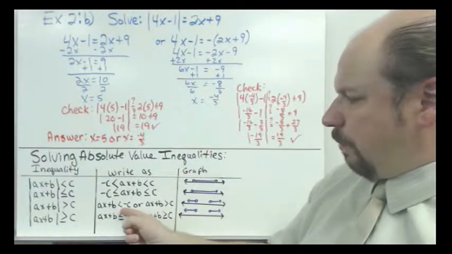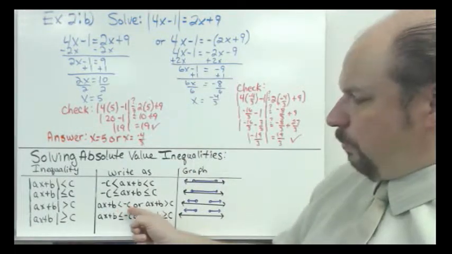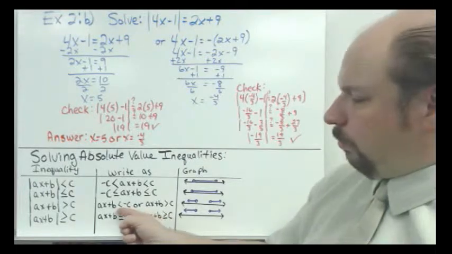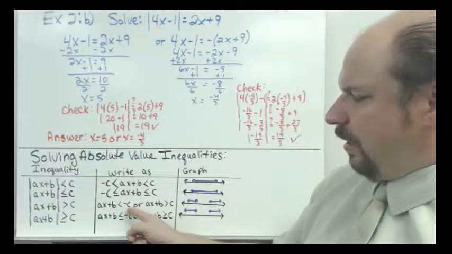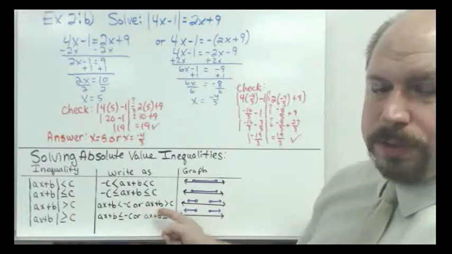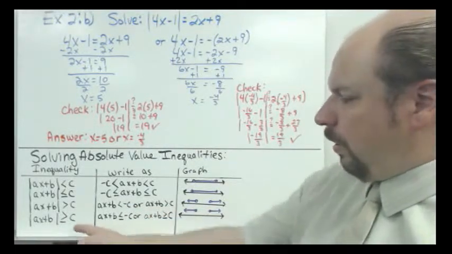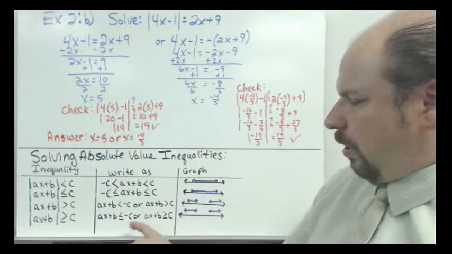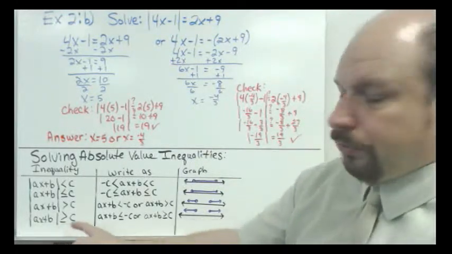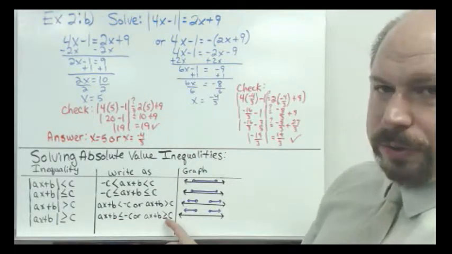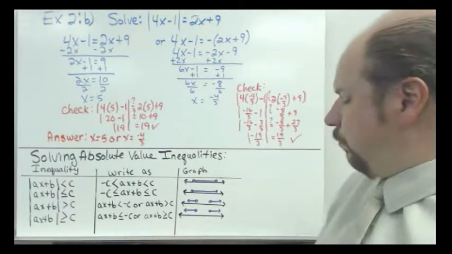So that's what happened here, since we multiplied this by -1, we have to switch this sign. So ax plus b is less than negative c, or ax plus b is greater than c. And same thing if we have less than or equal to, or sorry, greater than or equal to here, we need to rewrite it as greater than or equal to and less than or equal to.